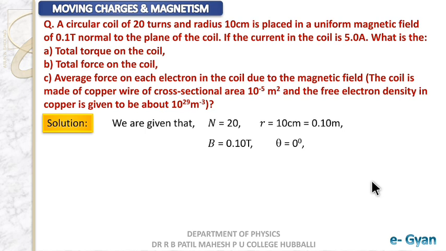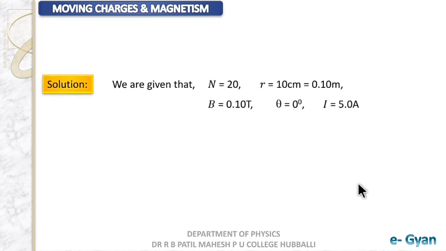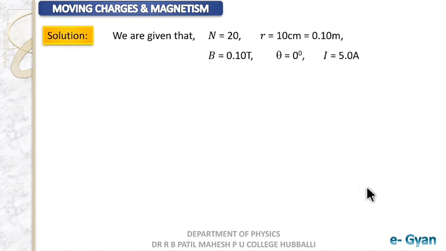Further, theta is equal to 0 degrees, as the angle between the magnetic field and the normal to the plane is 0. That's why we have theta equals 0. Next we have the current to be 5 ampere. So further, let us substitute these values in the expression to find the solutions.